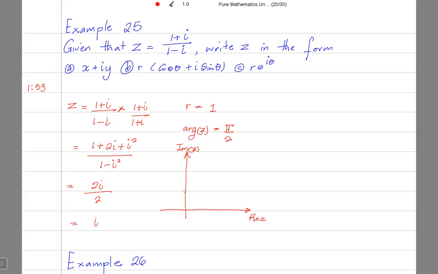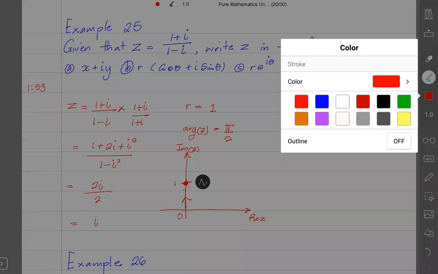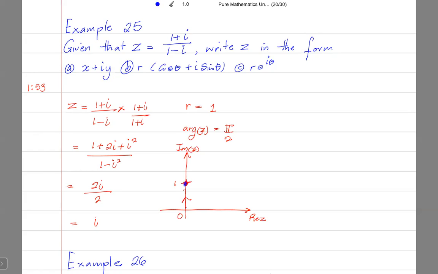So over here, this is 1. This would be i on an Argand diagram.